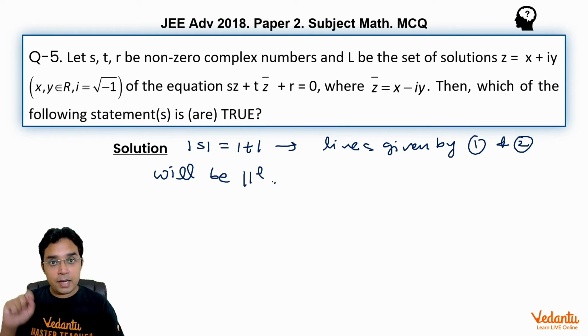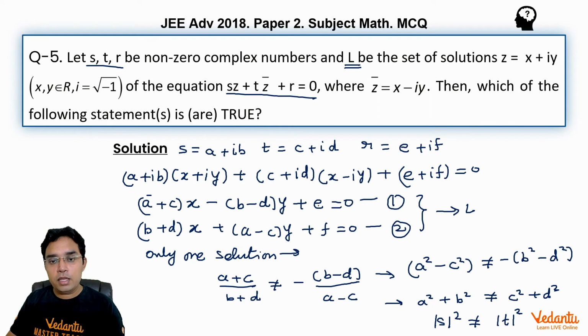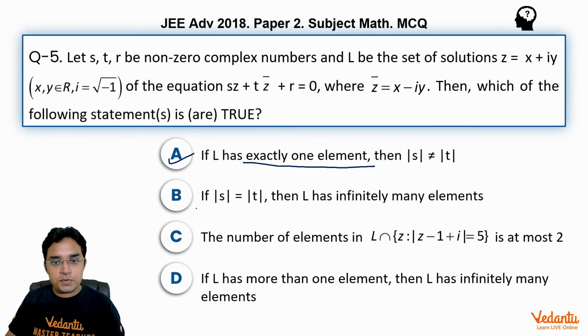Now they will be parallel or parallel coincident, depending upon E and F. But we cannot say with guarantee that they will be coincident parallel lines or parallel lines at a distance. So saying option B, that it will have infinitely many elements, is wrong, because if lines are parallel and apart, then L will have no solution. So option B is wrong.